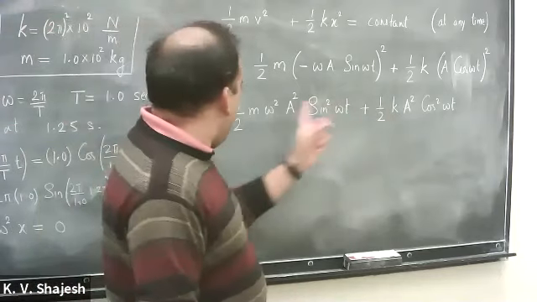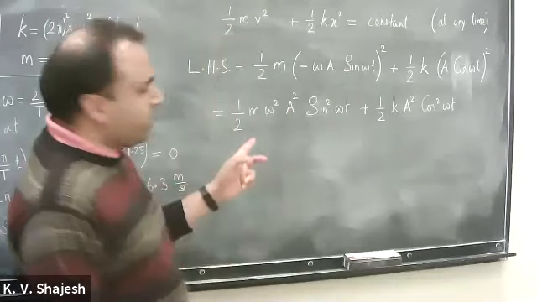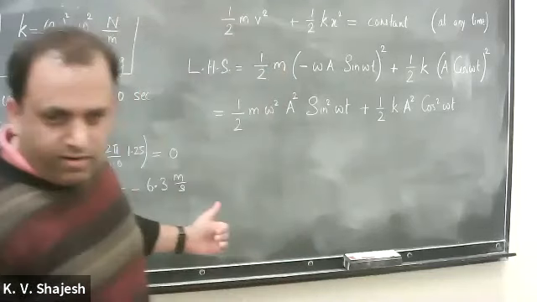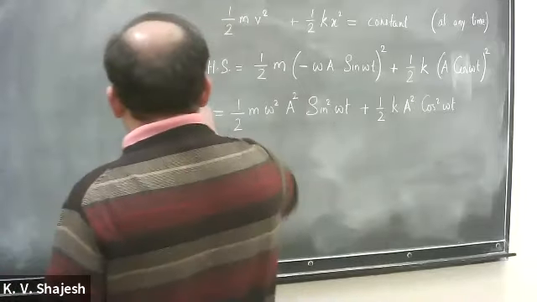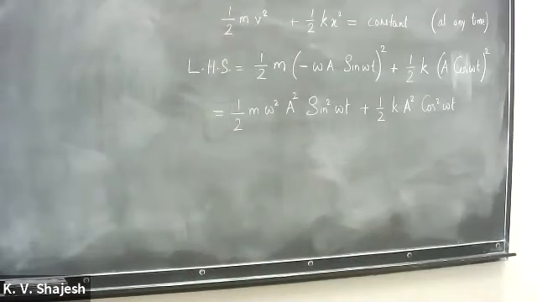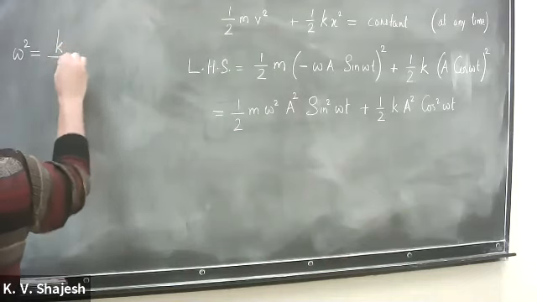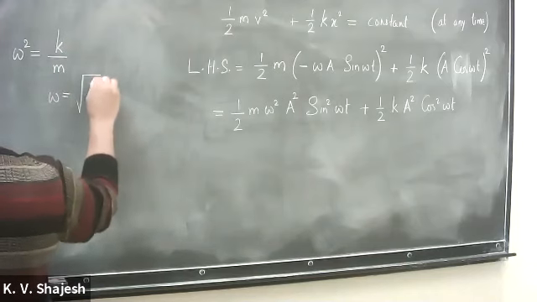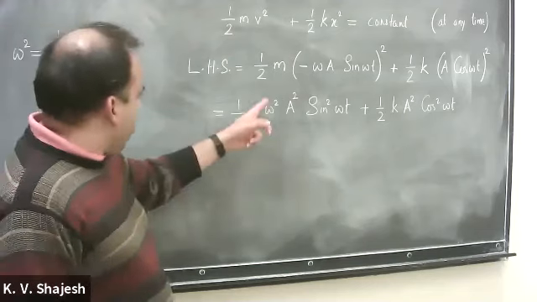It doesn't seem to have a common coefficient, but if you remember, omega squared was actually k over m. We had defined omega squared as the ratio of k over m; omega is the square root of k over m.